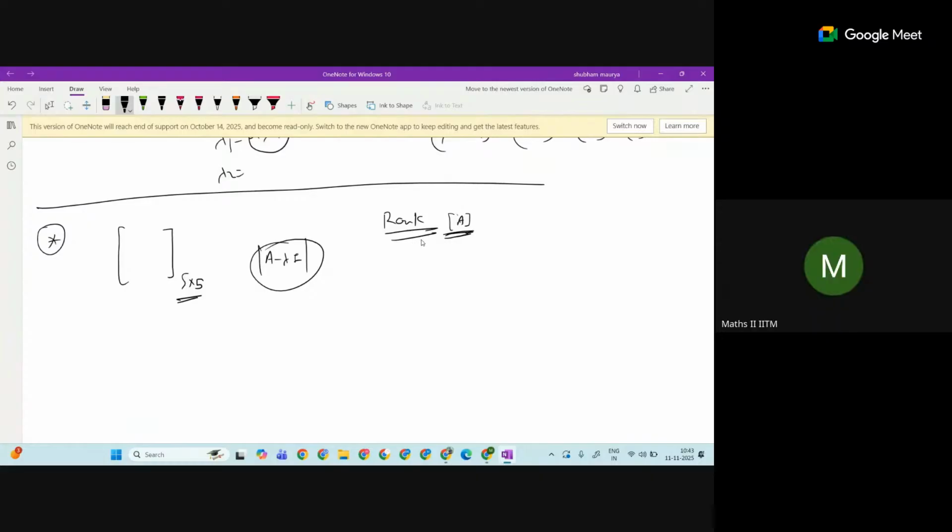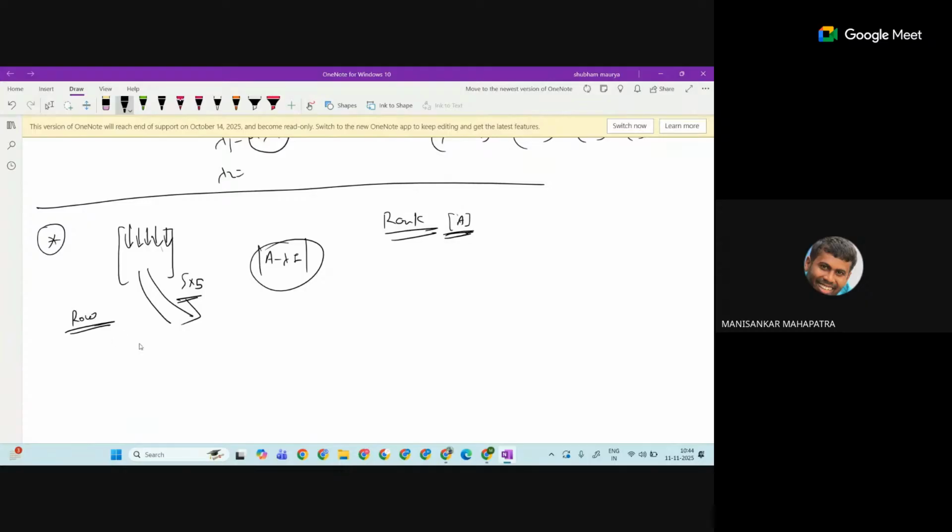Independent columns. Yes. So rank is, if you have a 5 cross 5 matrix, it has 5 rows, and independent rows we get by getting the pivots. The way you will follow is elimination.